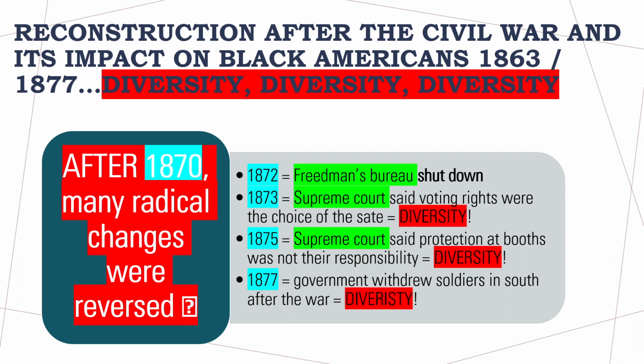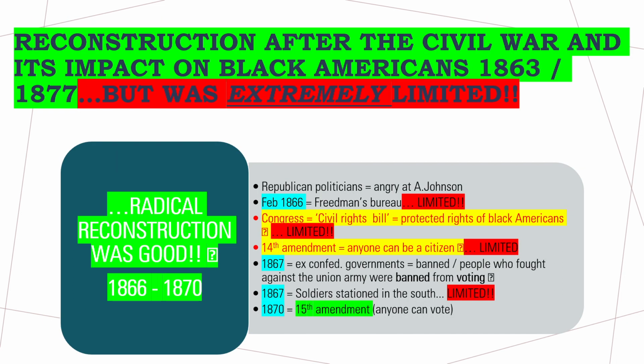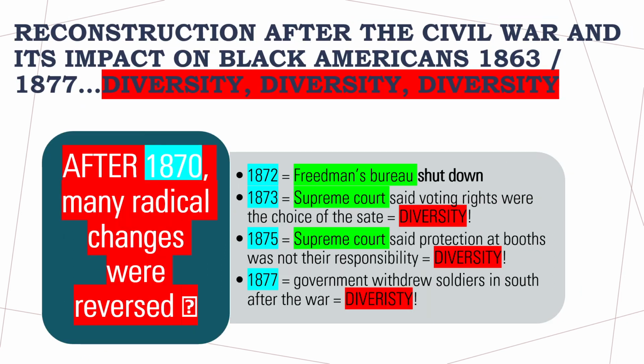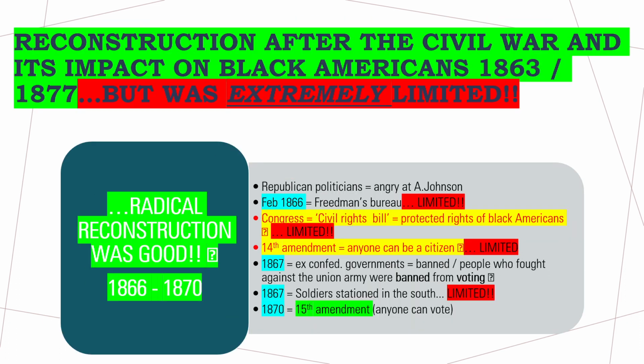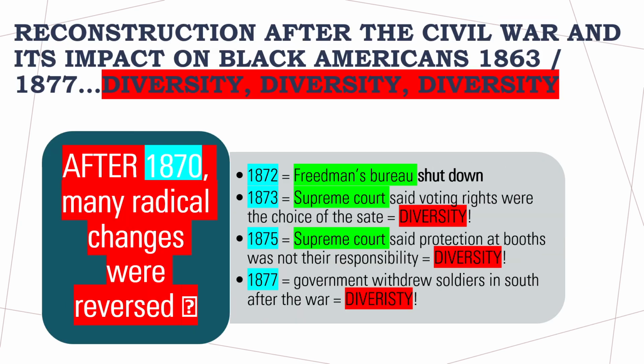After 1870, many of the radical changes were reversed, and this is where we look back at this slide and they just contradict each other. So in 1872, the Freedmen's Bureau was shut down completely, right after it had been opened in 1866.